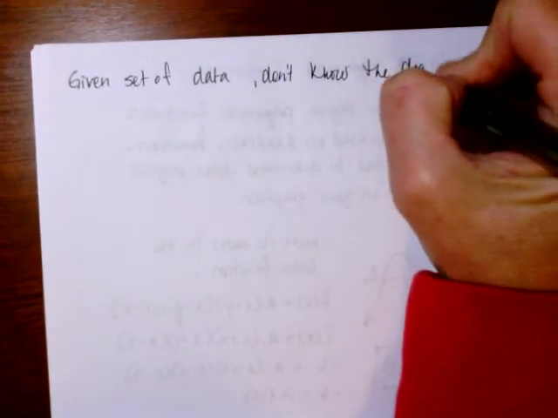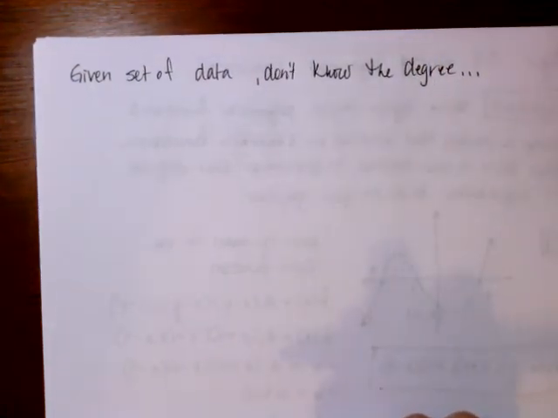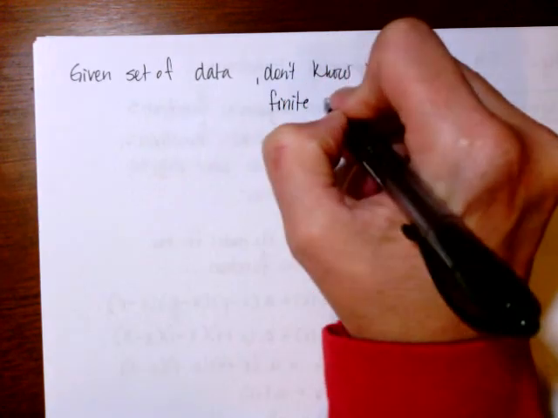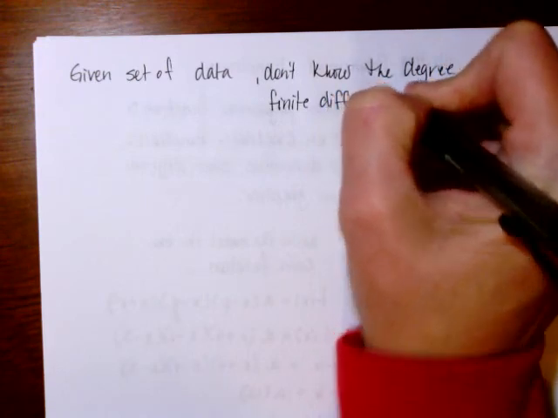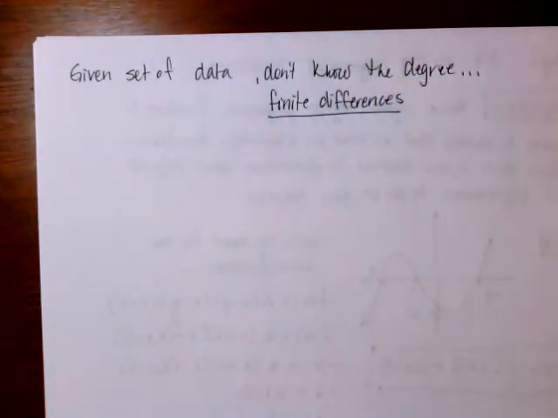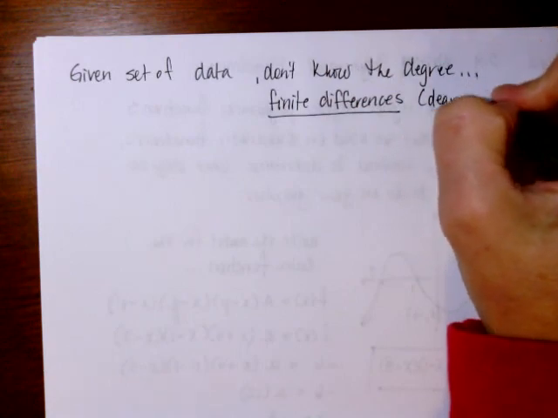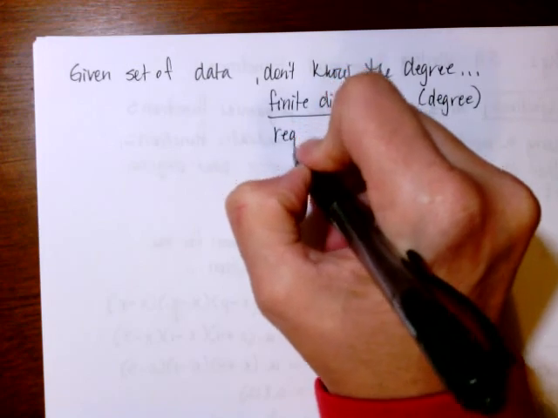So instead of doing a trial and error process with regression, I'm going to do a process called finite differences. That's the name of the method that we're going to use. That method will tell us what degree. So the purpose of this is to tell us what degree, and then we will finish by doing our regression.